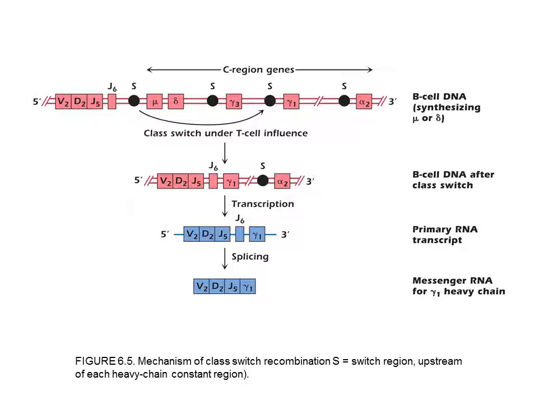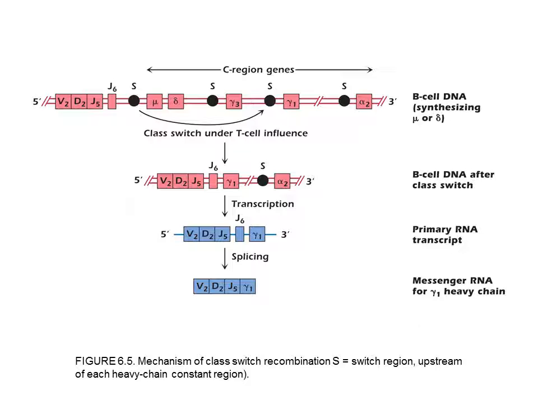And then of course it can be transcribed, and then in transcription 3 end and 5 end, further splicing will get rid of all the introns, and then we will end up with messenger RNA for, in this case, you can see that we end up with messenger RNA for gamma 1.